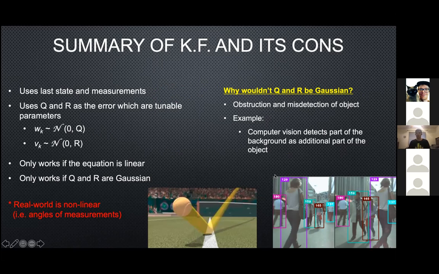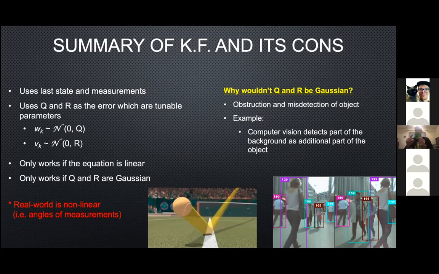Okay, and then on top of that, Q and R aren't going to be Gaussian, because in crowded environments, or in an example where, let's say, a green tennis ball passes across a green background. Let's say that our sensor is computer vision, because that's a popular use case for us. If the background, which is also green, ends up being misconstrued as part of the ball, okay, so now that means that my ball, I'll use a Rubik's Cube as an example, is no longer just this size.